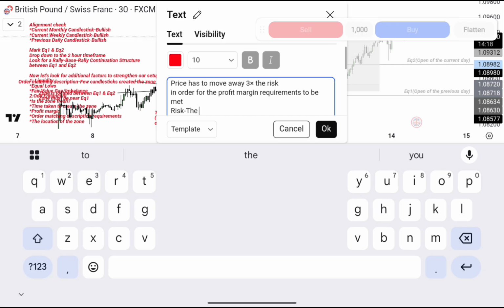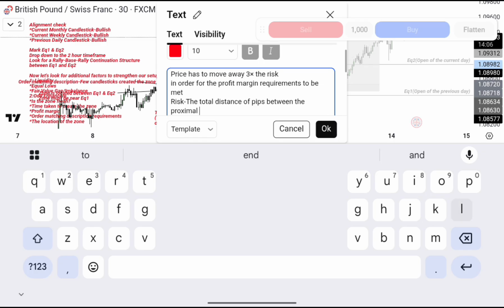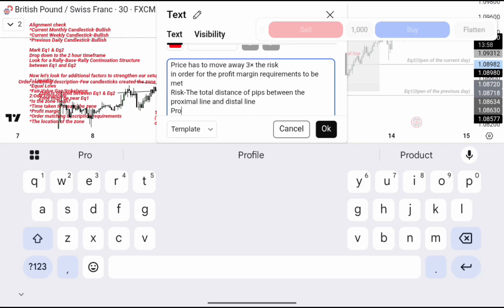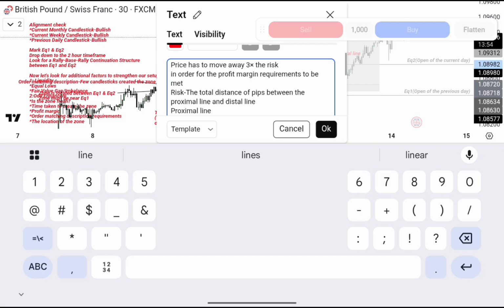So now here I was explaining risk is the total distance of pips between the proximal line and the distal line. Price has to move away 3 times the risk in order for the profit margin requirements to be met.